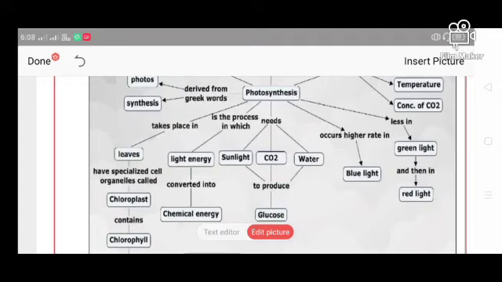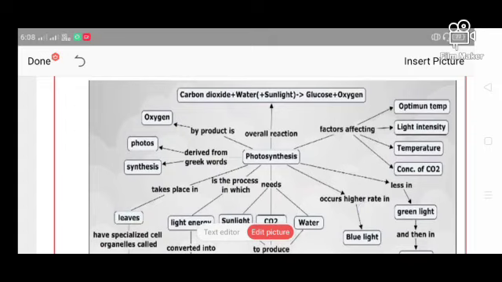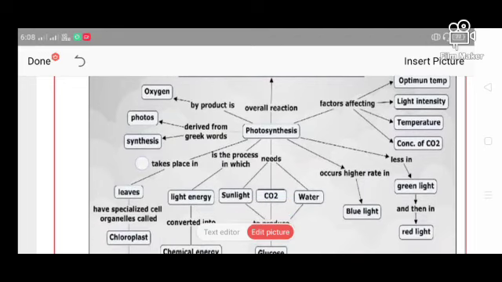That means it is a very essential thing for any photosynthetic activity. So we need carbon dioxide as well as light intensity, at the optimum temperature, and water. All these components are needed for a qualitative photosynthesis reaction.